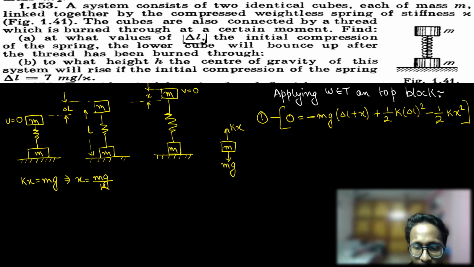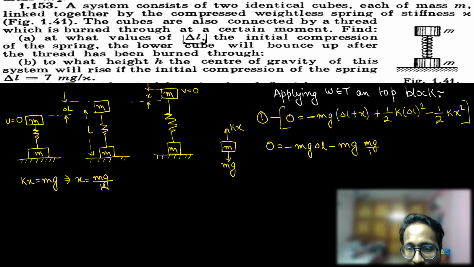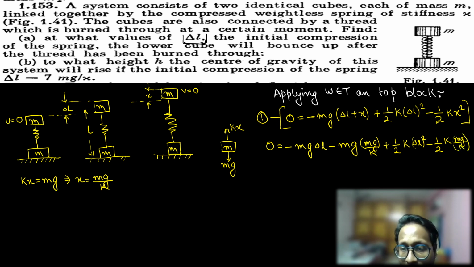So if you apply this equation, we'll get 0 is equal to minus mg into delta L minus mg into x. What is the value of x? mg by k. Plus half k delta L square minus half k into mg by k whole square.